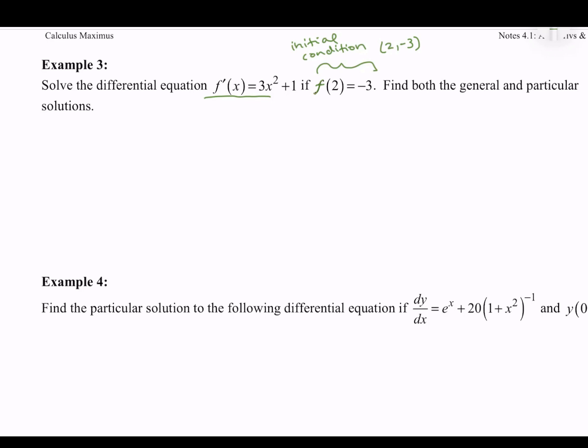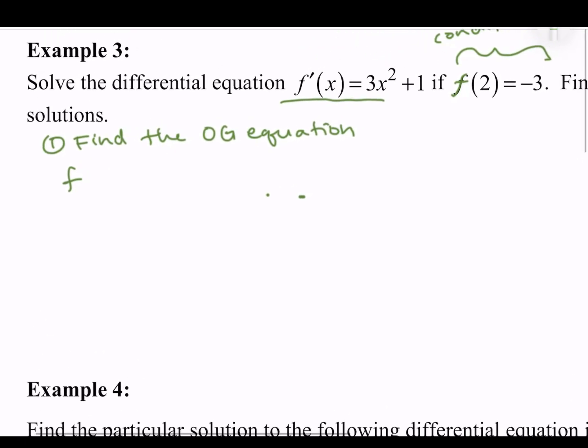So step 1, find the OG equation. Find the original equation. Okay, so I'm going to use the antiderivative. The notation will be f. So the antiderivative of 3x squared, I'll add 1 to the exponent and then divide by 3.